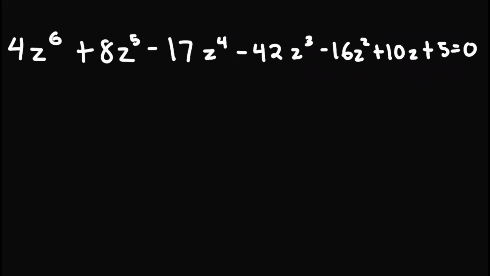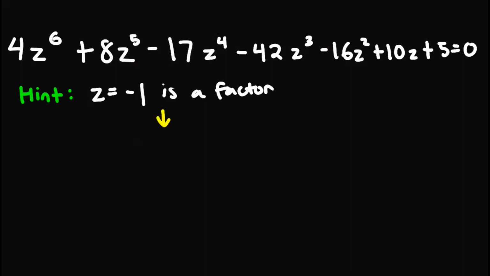So I leave this to you as an exercise, and as a hint or the sketch of the solution, you'll first obtain a factor. Say that factor is z equals negative 1. So z equals negative 1 is a factor. So you can use this and apply synthetic division.